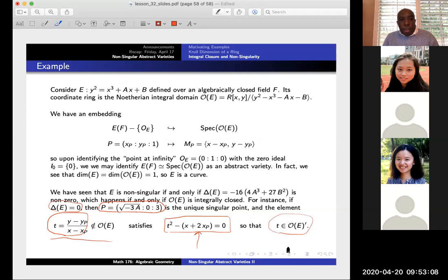So again, if the discriminant is equal to 0, I've found an element that is not in the coordinate ring, but it is in the integral closure. So this actually means that this ring, O_E, is not integrally closed. This does show that if the discriminant is equal to 0, then our coordinate ring is not integrally closed, which is exactly what we expected.